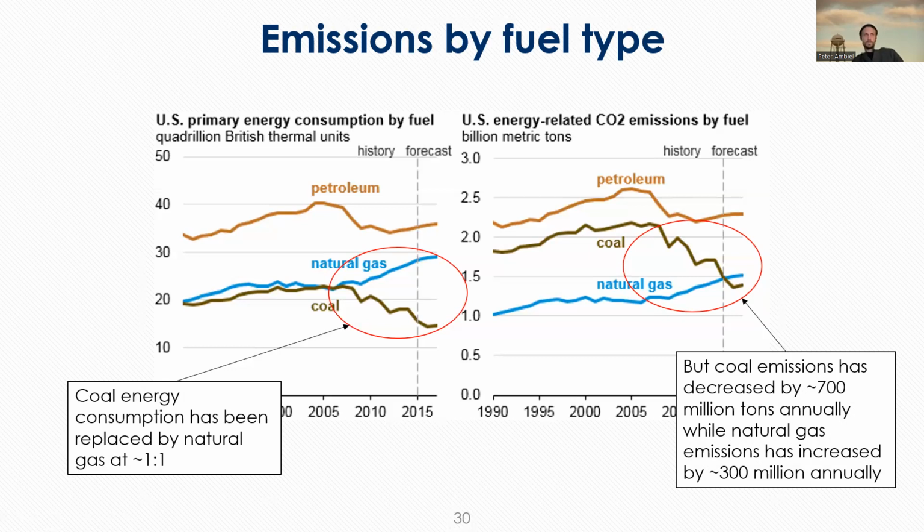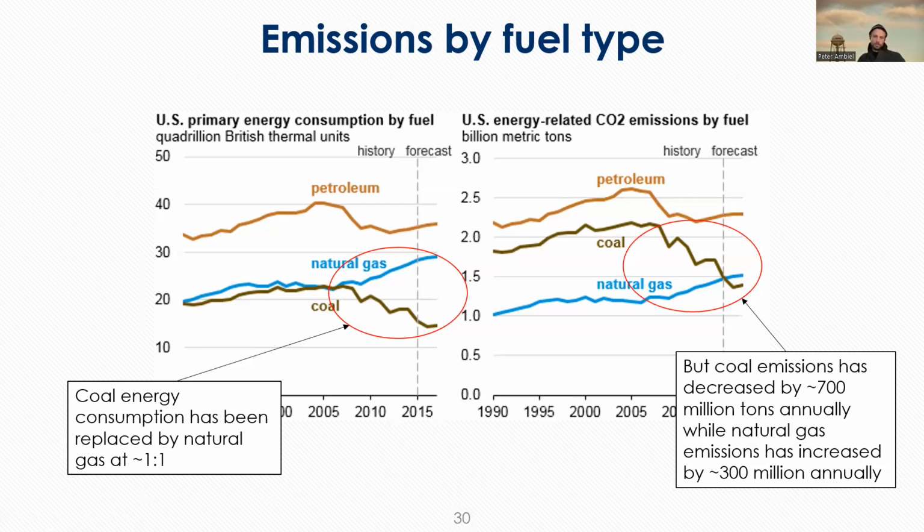And that is due to the fact that natural gas is just so much cleaner than coal. So when we think about emissions from these two types of power production facilities, coal is about 2 tons of CO2 per megawatt hour, whereas natural gas is about 1 ton of CO2 per megawatt hour produced.